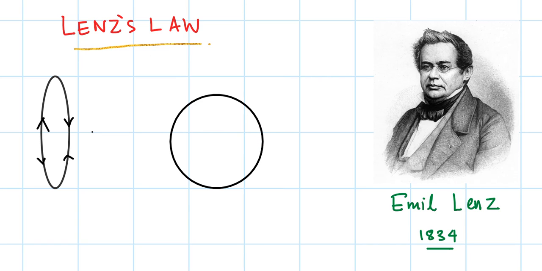So how to know whether the induced current is moving in the clockwise or anti-clockwise direction for the observer who is facing the coil?